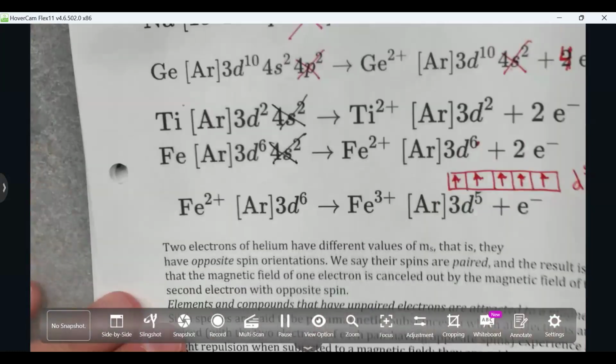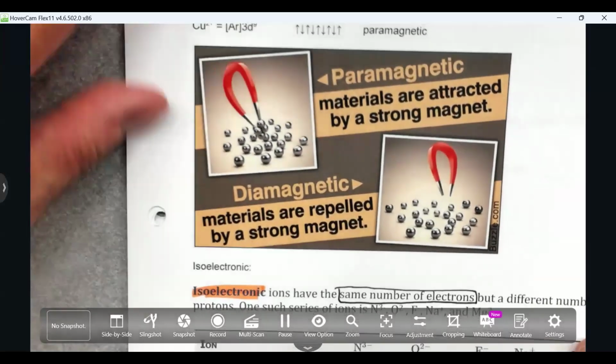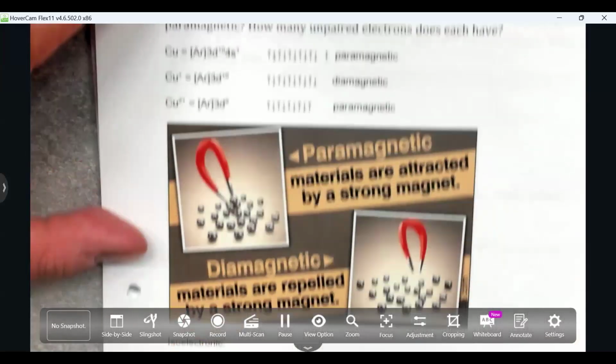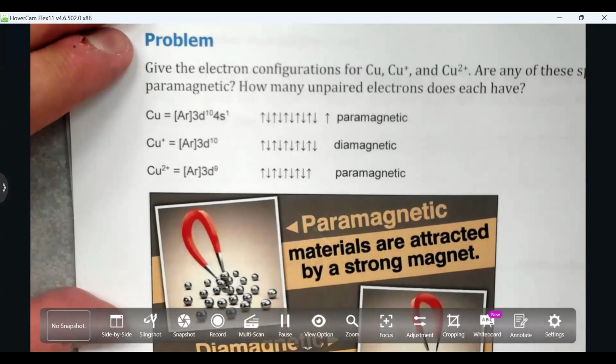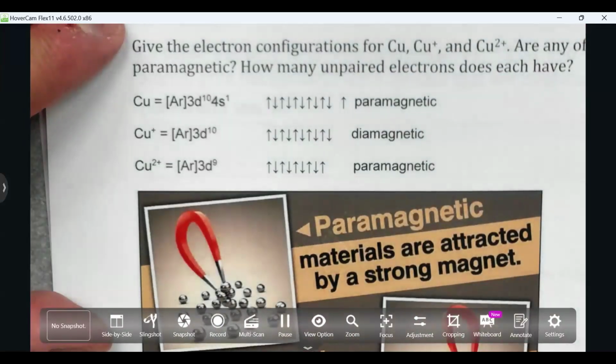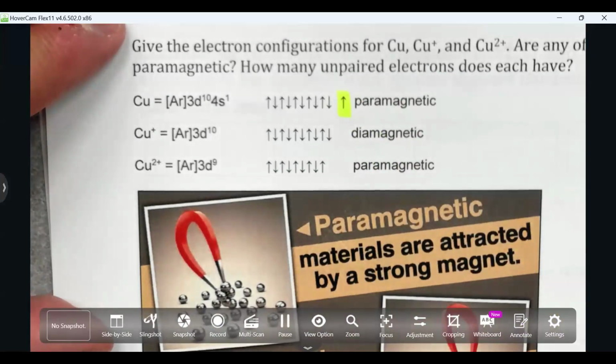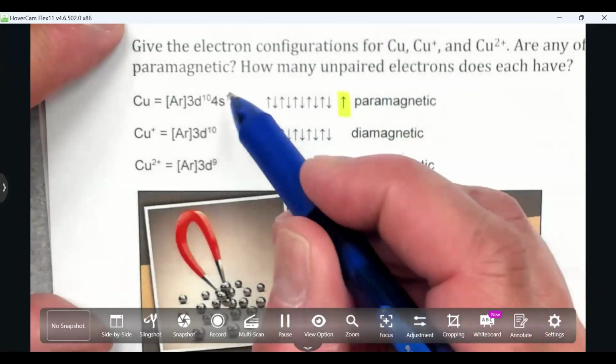So on the next page, we just have this 4s1 electron.